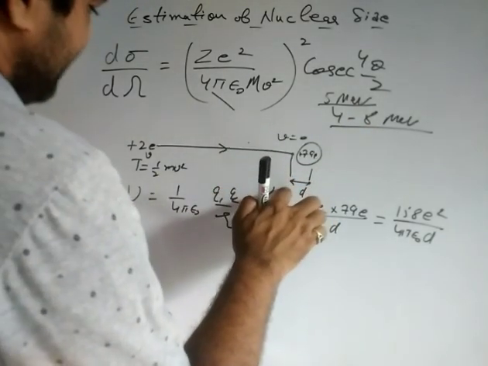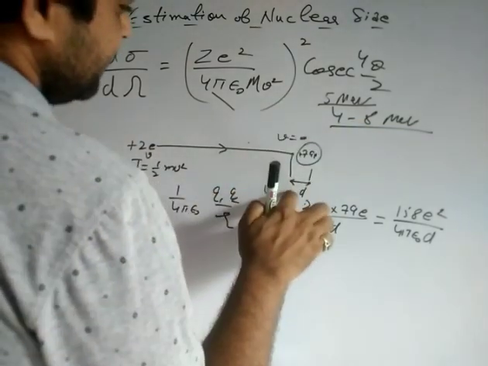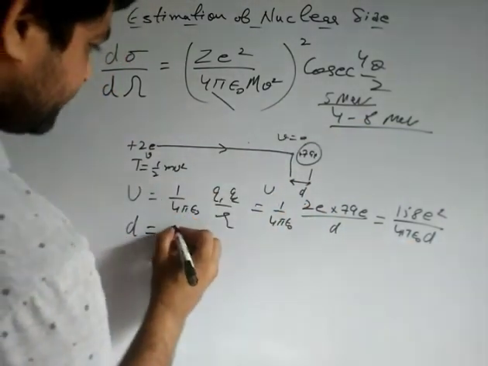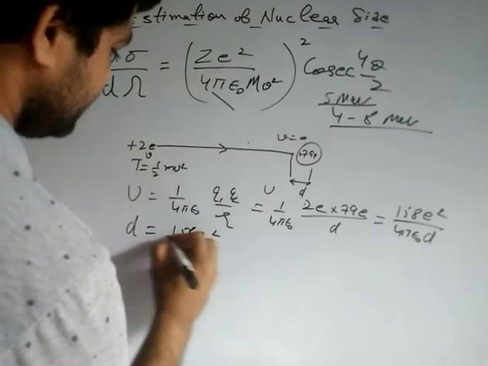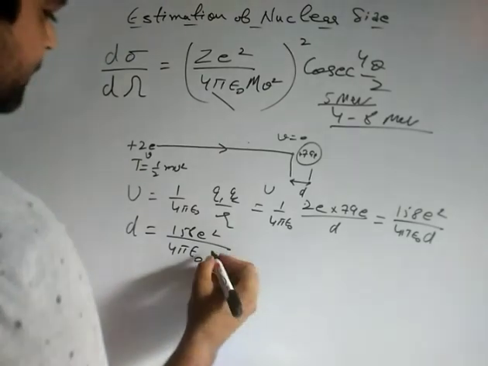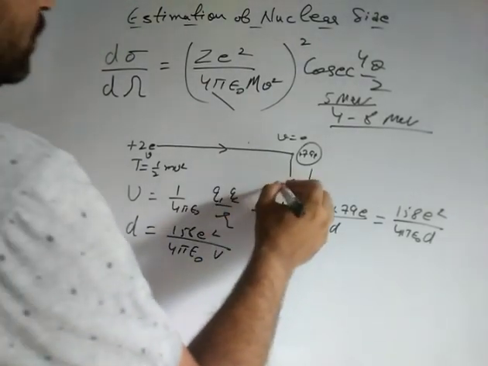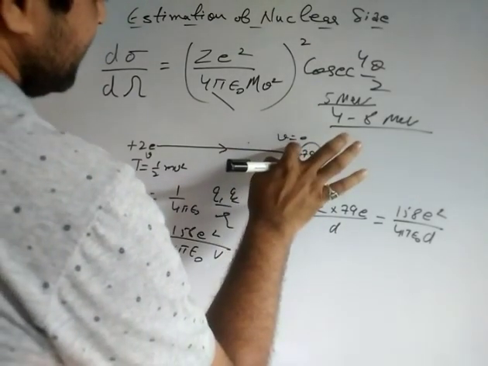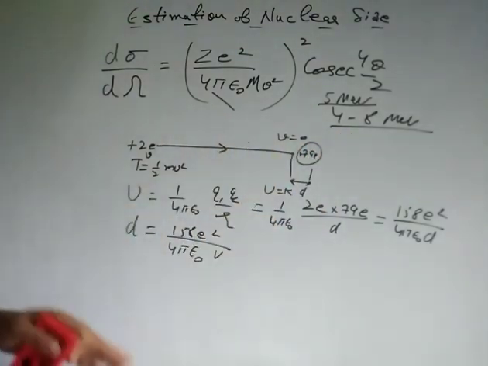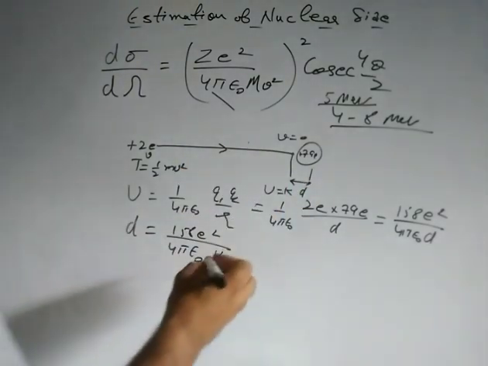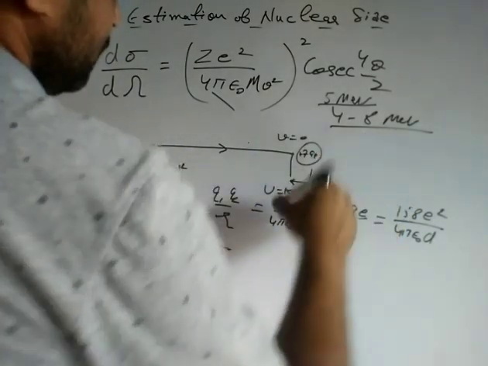Now at this point, the whole of this kinetic energy will be converted into potential energy. So you will have d is equal to 158 e square upon 4 pi epsilon naught into U. Now at this point, U is equal to K, because the velocity has become 0. According to the law of conservation of mechanical energy, the whole of the kinetic energy is converted into potential energy. So this will be equal to 5 mega electron volt.